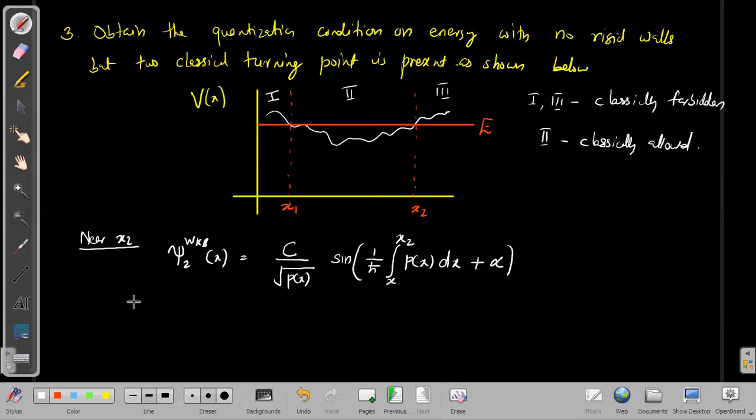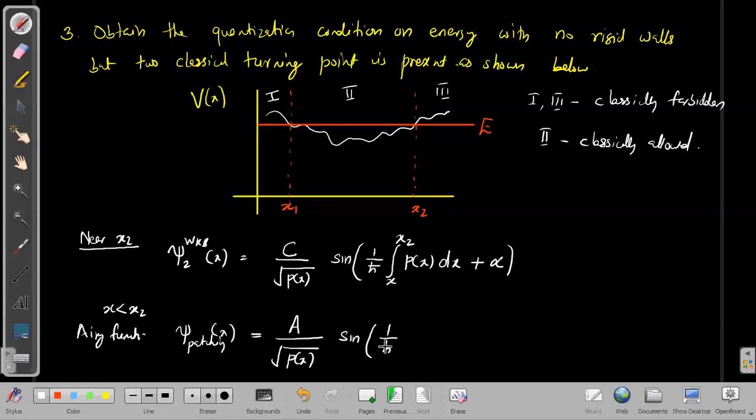Okay, now in the same region, just less than x2, we have a patching wave function. Again very close to x2, we can have a patching wave function. The patching wave function will take the Airy function, and for x less than x2, this Airy function will take the form A by square root of p of x, sine of 1 by h cross integral x to x2 p of x dx plus pi by 4.